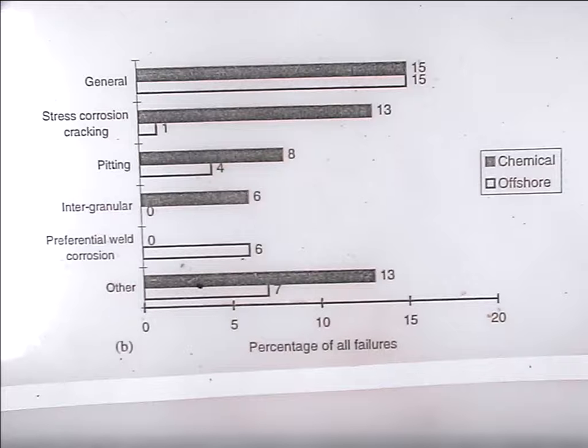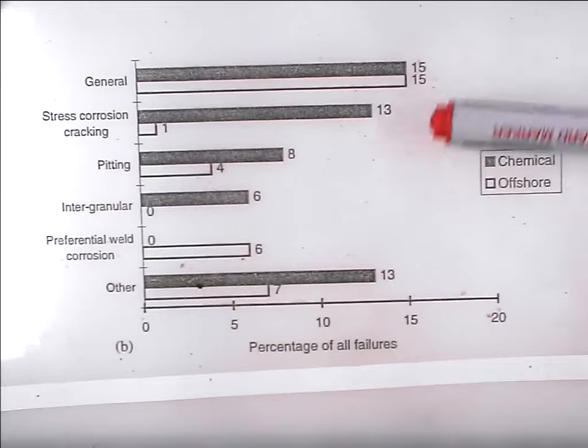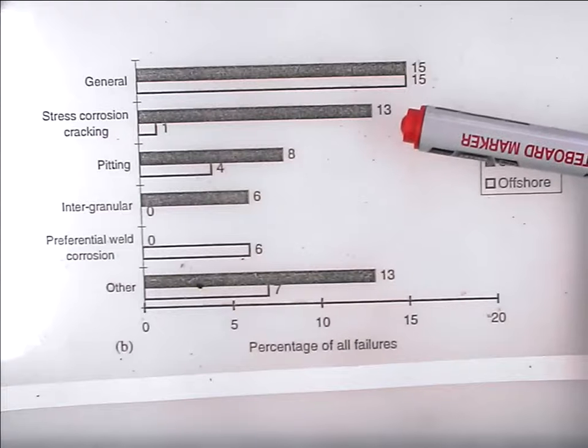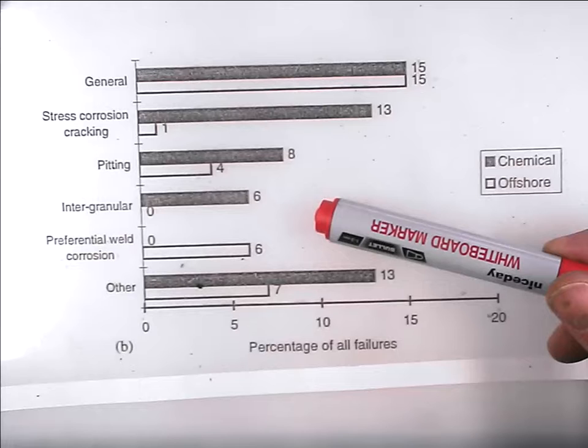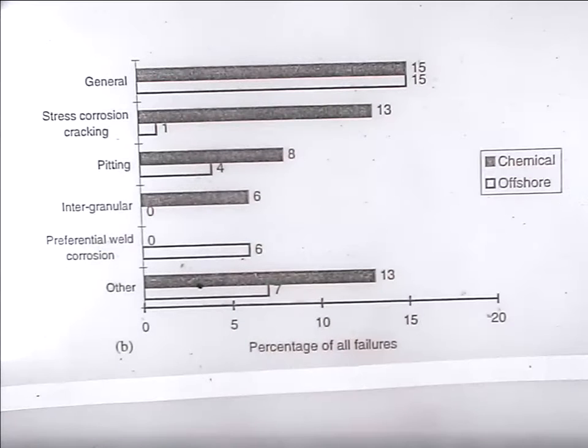Stress corrosion cracking, which is a localized effect, which we'll talk about later on, pitting corrosion and intergranular corrosion, these are all local effects, actually represent more of the failures than the general uniform corrosion failures in the chemical industry. So there's a lot of localized corrosion out there, and it's actually your worst enemy.